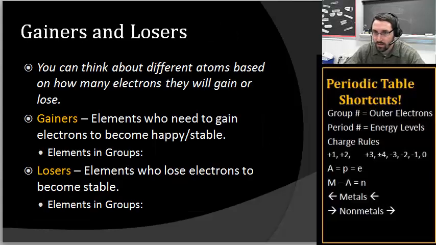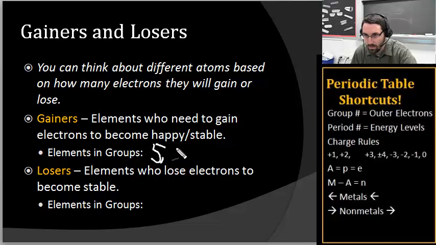Gaining and losing. You kind of think of different atoms based on how many electrons they gain or lose. Gainers are elements who will need to gain electrons to become happy, and losers are the ones that will lose them to become happy. So if we look at the elements that are gainers, those are going to be elements in group 5, 6, and 7.